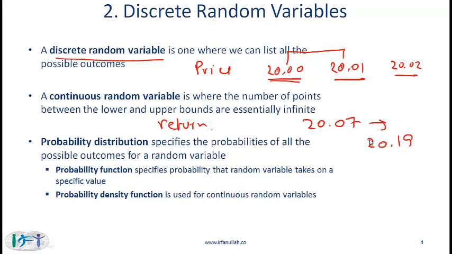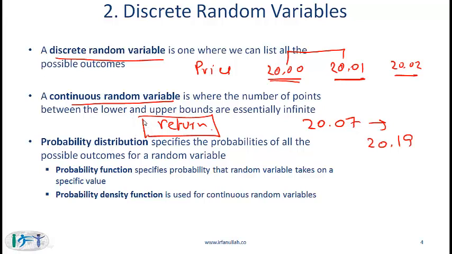The return that you will report then will be rounded to 2 decimal places. So if you really think about it, the number of possible returns that you can have are infinite, because if you go down to hundreds of decimal places, then obviously the number of possible answers are infinite. When that happens, you have a continuous random variable, and as I said, the classic example would be the return on a stock.